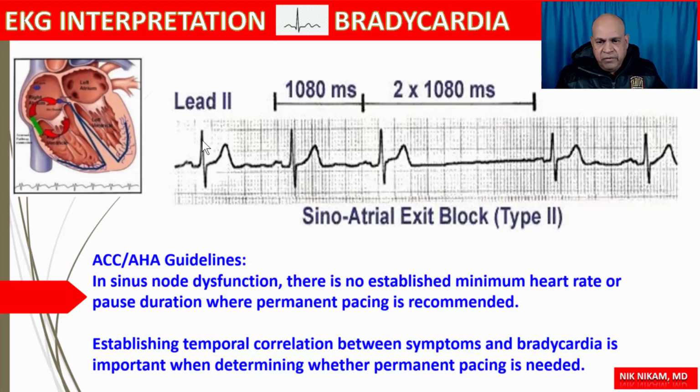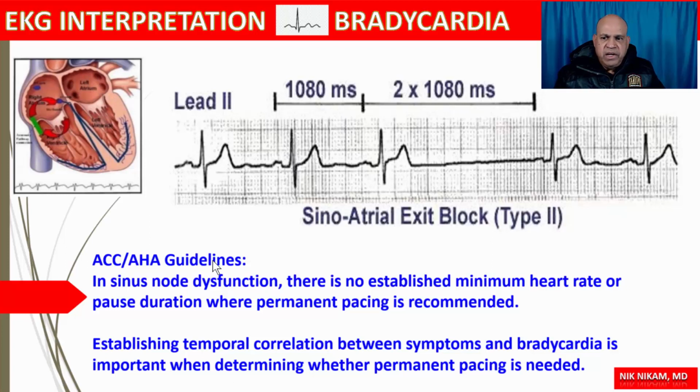We already have a sinus arrhythmia, we have sinus bradycardia along with sinus exit block. Usually the sinus exit block does not cause a compensatory pause, so the sinus exit block measures 2 times the PP interval. So these are some of the features of a sinus exit block, which is type 2.